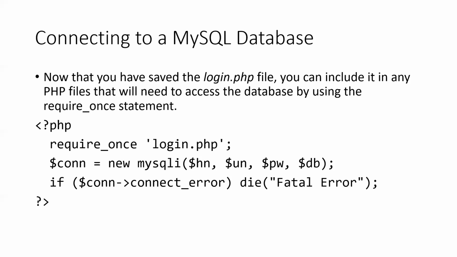So we will create a new object of MySQLi, passing the server as well as the username, password, and then finally the database. And if there's an error, then you can actually make a message saying that there's an error in this.